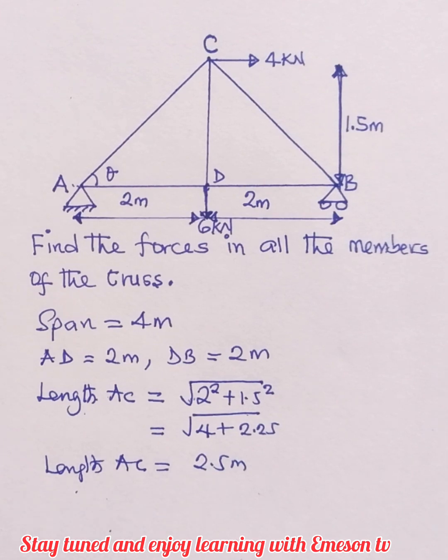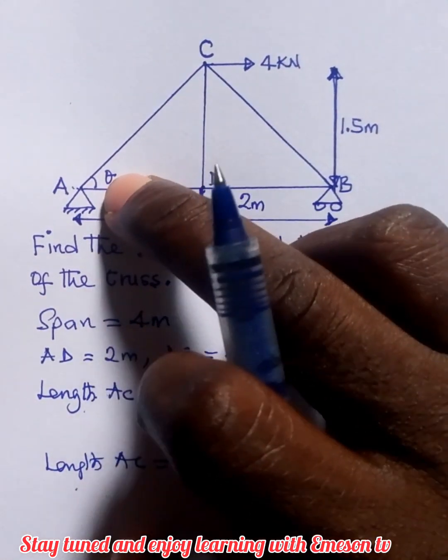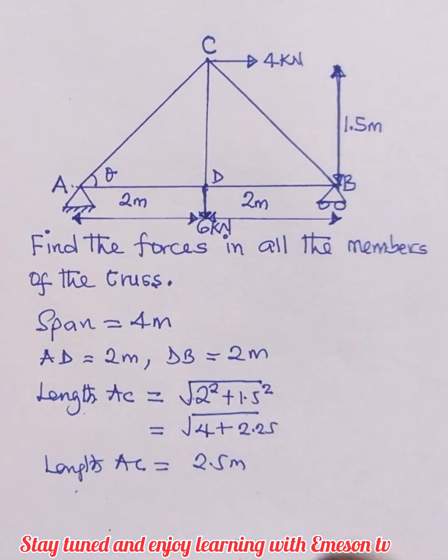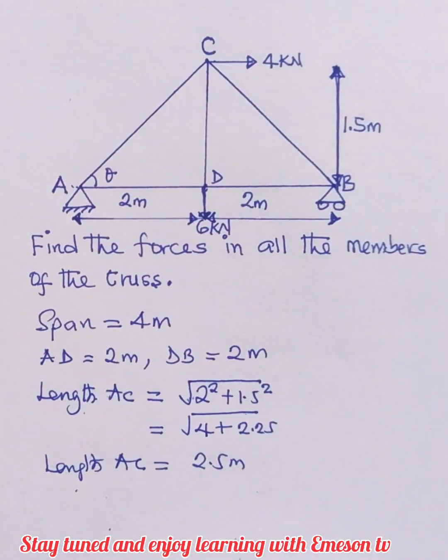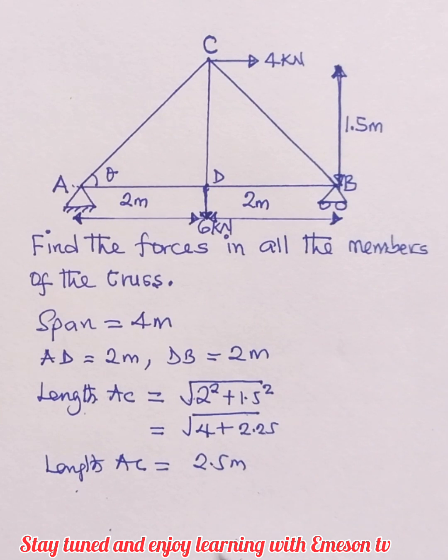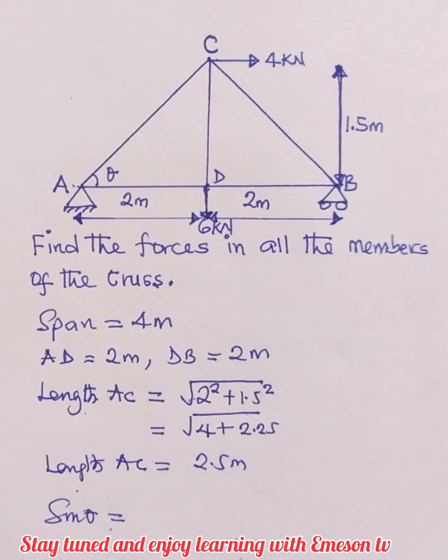After getting this length AC, the knowledge of this theta is important. Find sine theta and cos theta because we're going to resolve the forces in vertical component and horizontal component. So let's say for sine theta, is what? Opposite over hypotenuse. What is the opposite?